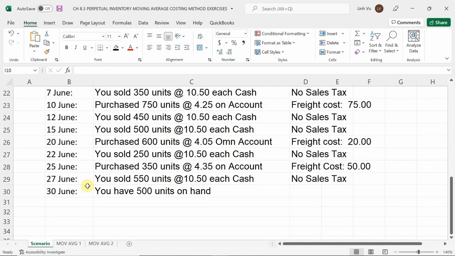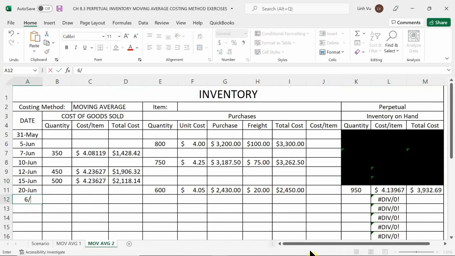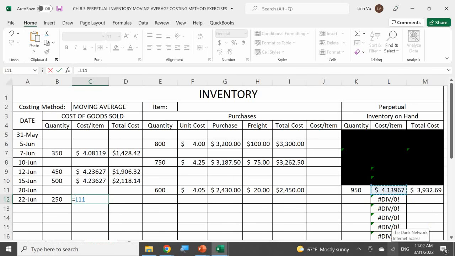So then you end up selling 250 units. Okay, 250 units. You sold 250 units on June 22nd. Okay, so right now, my average cost is currently at 4.1396.